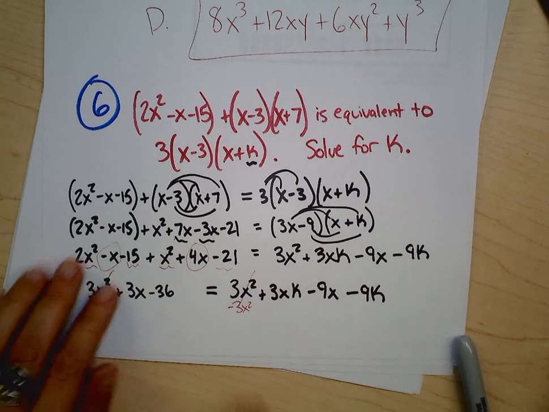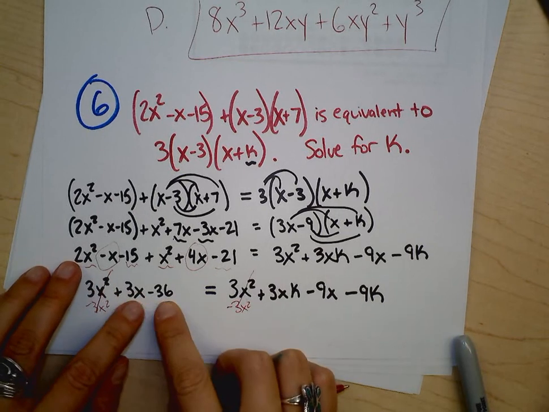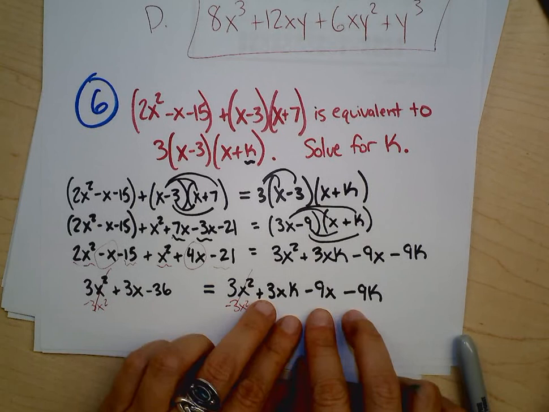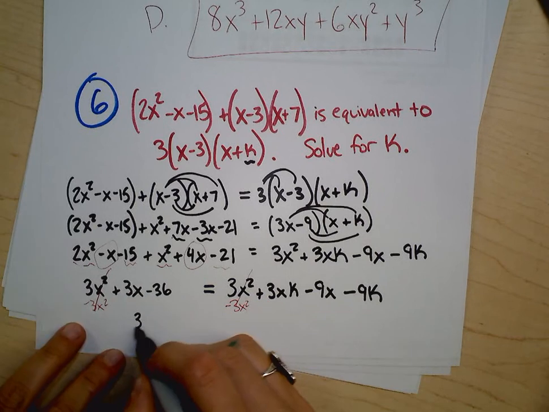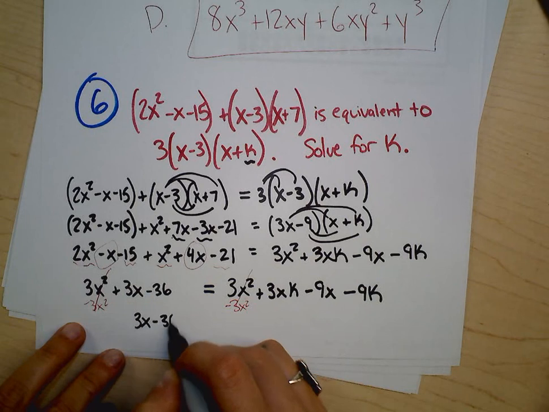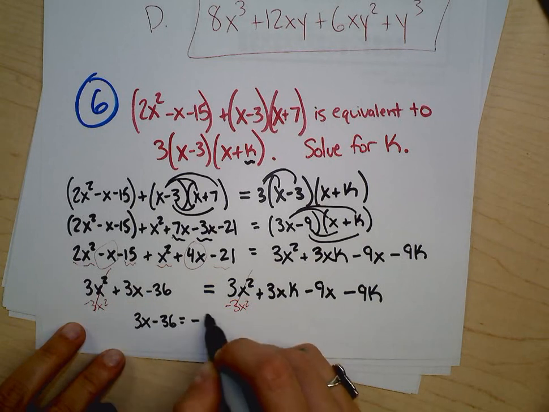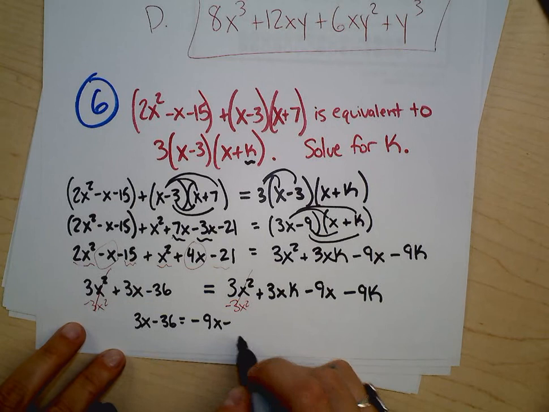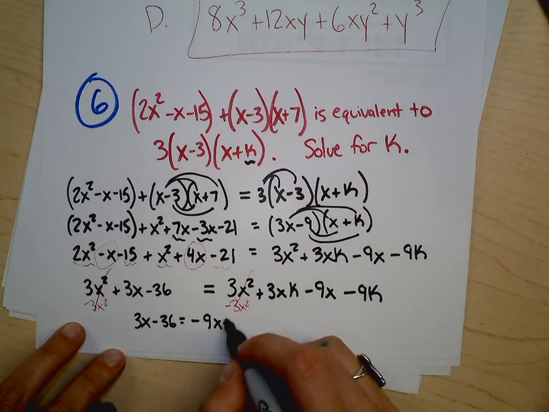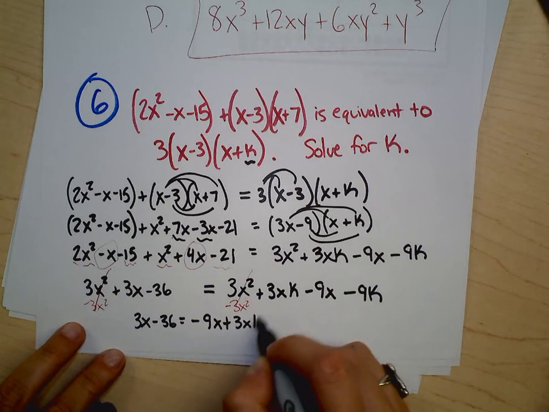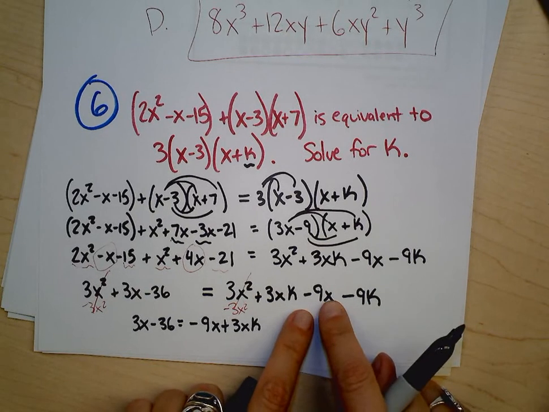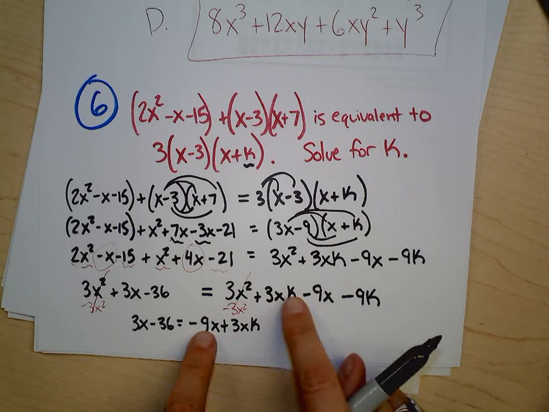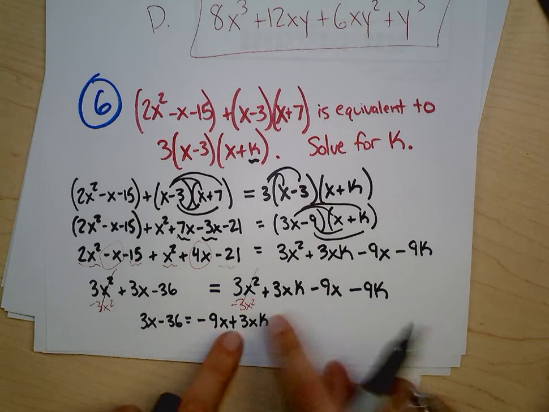Now I have 3x minus 36 is equal to all this junk. So let me rewrite this. Sorry, I switched these two by accident. So negative 9x, I accidentally put first, plus 3xk, but it doesn't matter because we're just adding and subtracting.